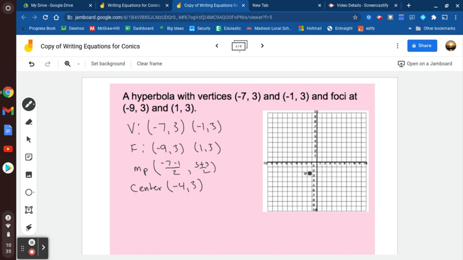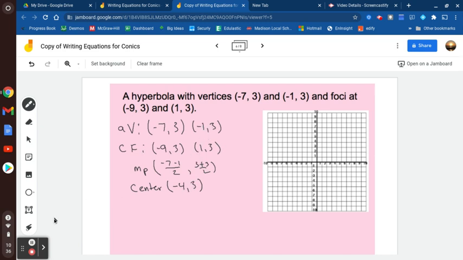The good thing is here, the vertices are still tied with the same variable. They're tied with a, b, or c? A. The foci are tied with c. So I'll be able to figure out my a and my c. All right, so I'm going to look at what's changing.